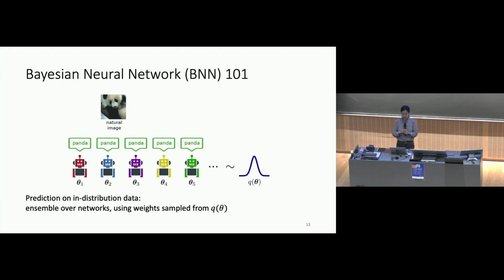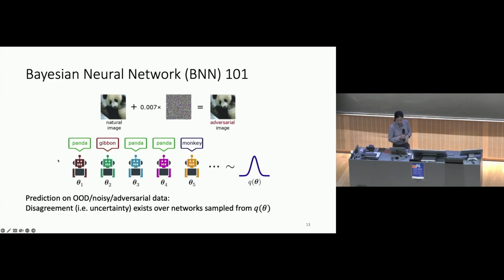This basically means that you sample from the posterior, and you get these samples parameterizing each of the neural networks, shown by the little robots here. You then use them to process your test input, and this gives you a prediction. In this case, it correctly classifies this image as a panda.